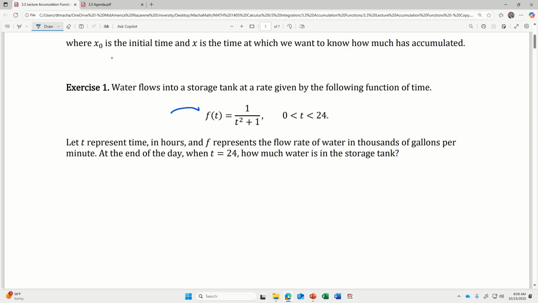So this function is a rate of change. Change of what? It's a rate of change of the volume of water in the tank.